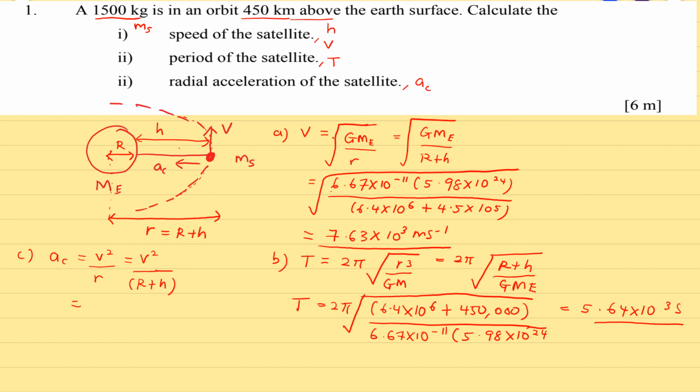Okay, so v equals 7.63 times 10 to the power of 3, squared, divided by 6.4 times 10 to the power of 6 plus 450,000, in bracket. So the answer is 8.50 m/s squared towards the center of the Earth.